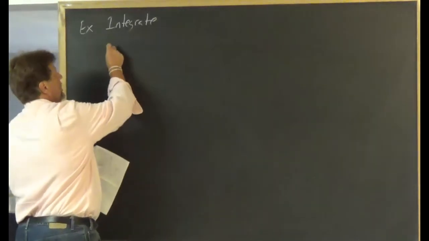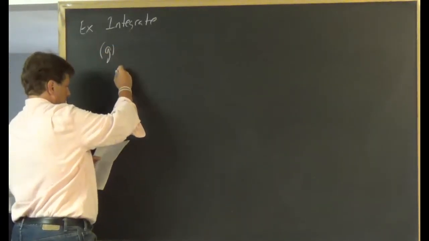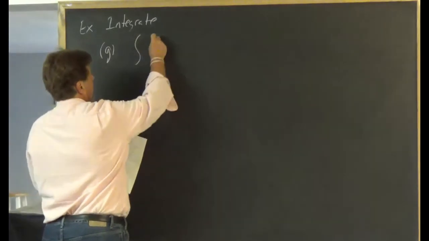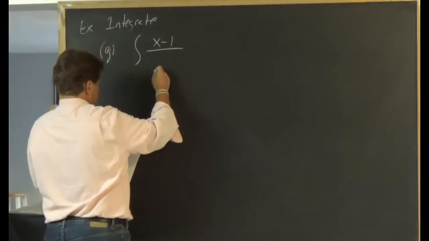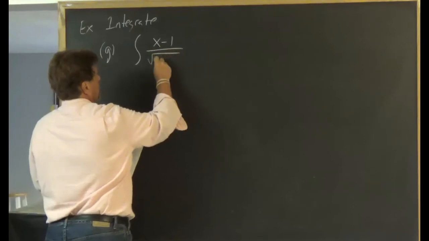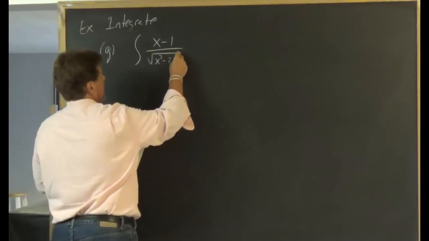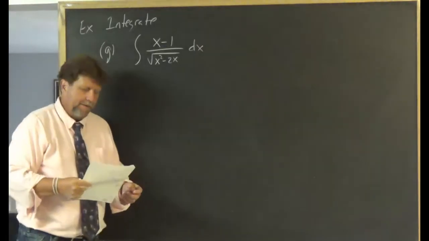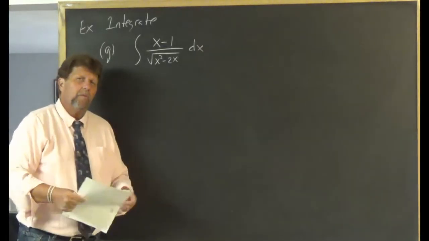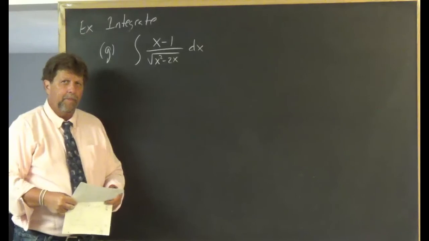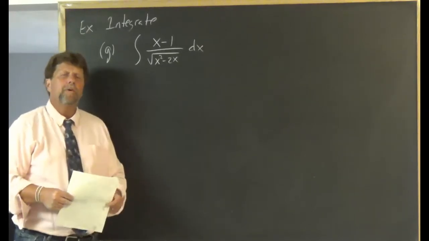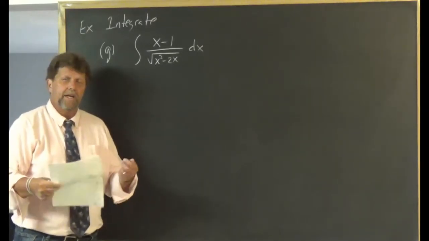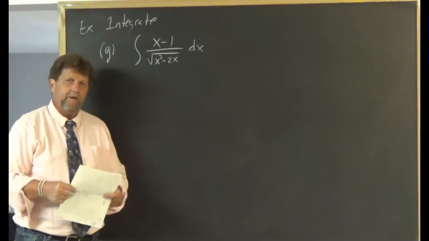So part G was integrating x minus 1 over the square root of x squared minus 2x dx. You know what? Why don't you try part G? So pause the video, you do part G, and when you're done, restart the video. I'll be here at the board cranking through it.